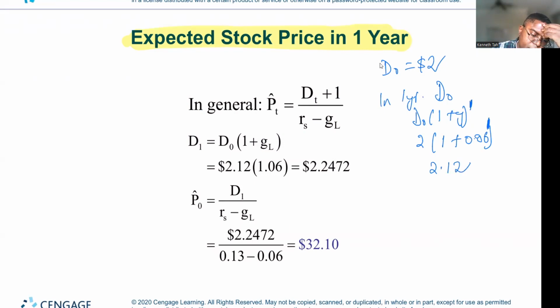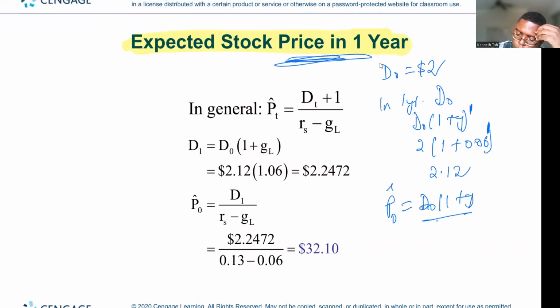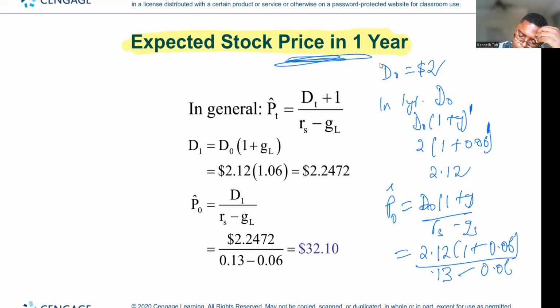So this is actually D0 1 year from now, which means we're interested in calculating the P0, but take note that it's 1 year from now. So 1 year from now, this is D0 times (1 plus g) over (Rs minus g). So this is going to be equivalent to 2.12 times (1 plus the growth rate, which is 0.06), divided by Rs, which is given as 0.13, minus the growth rate of 0.06.